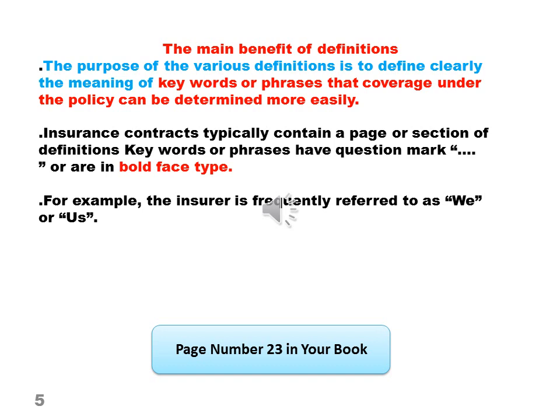These keywords or statements or phrases determine the relation between the insurer and the insured person. In any contract, you must read all the statements of the contract. This is what I mean by keywords.